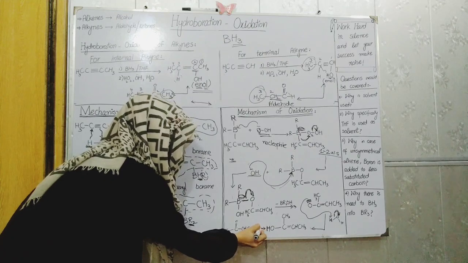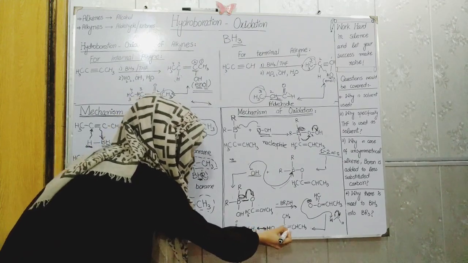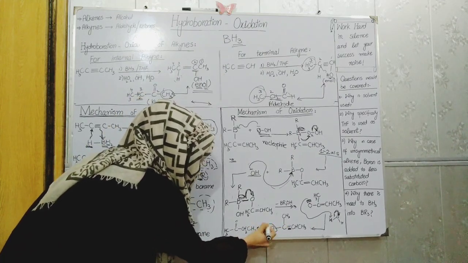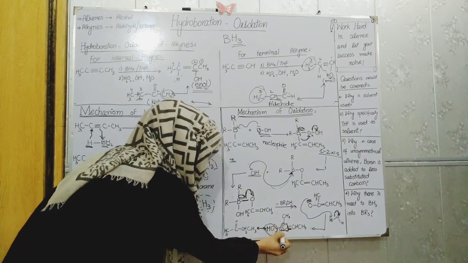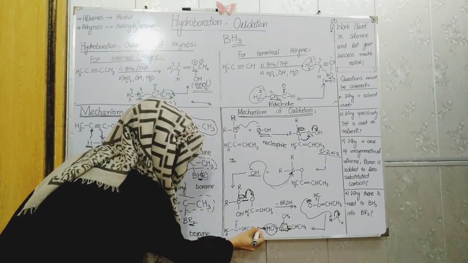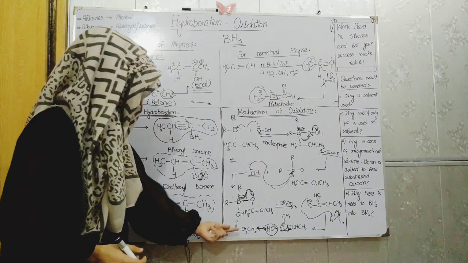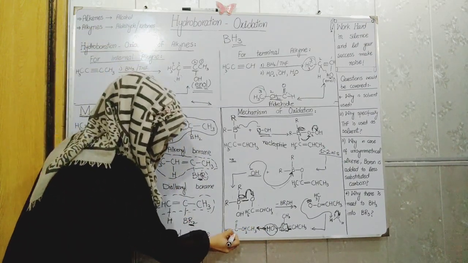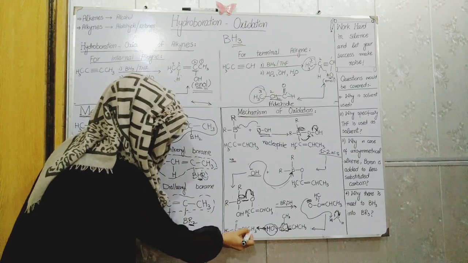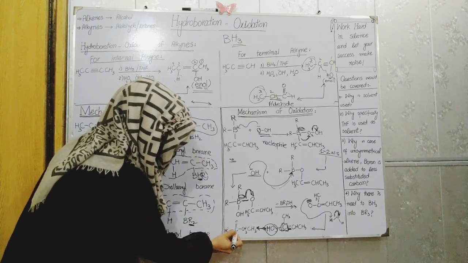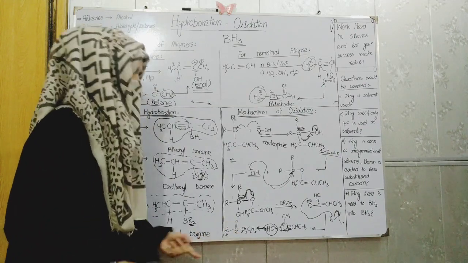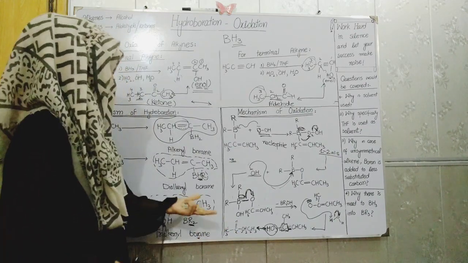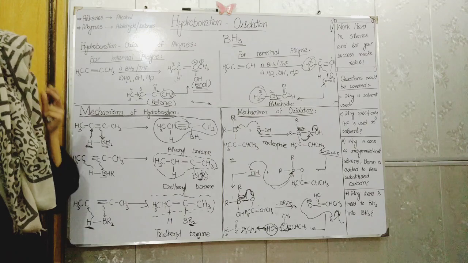Now again this enol forms, with a double bond and alcohol, both groups present on the same carbon. This enol form is again tautomerized and converted into the keto form, and we will get 2-butanone as our desired product.